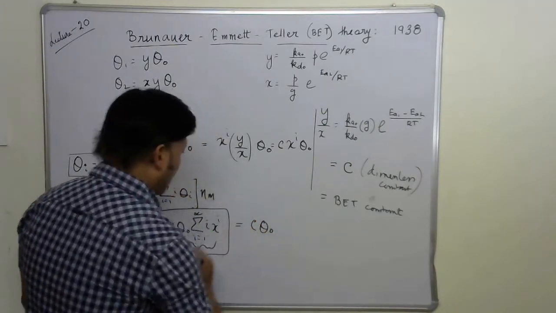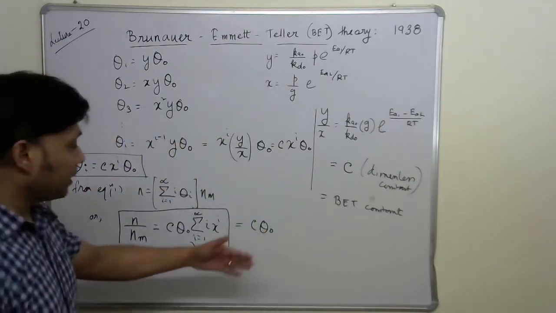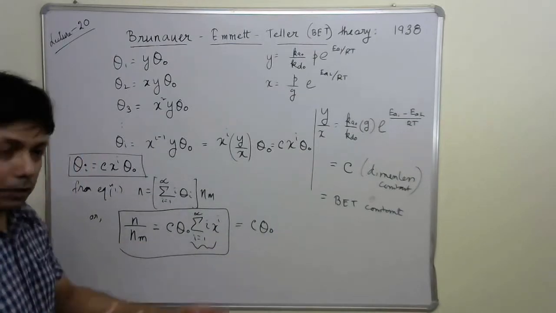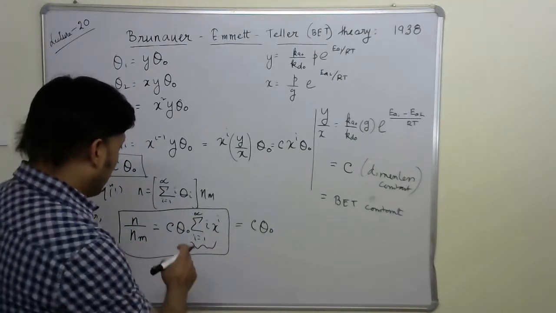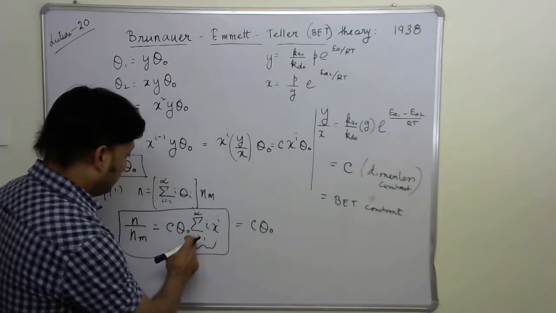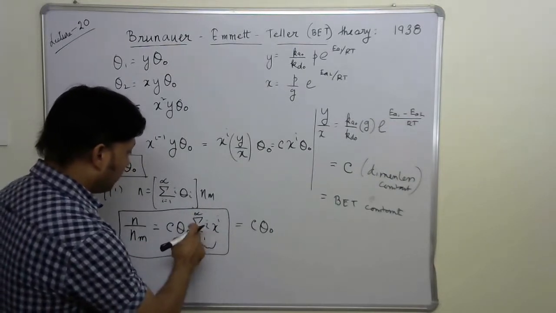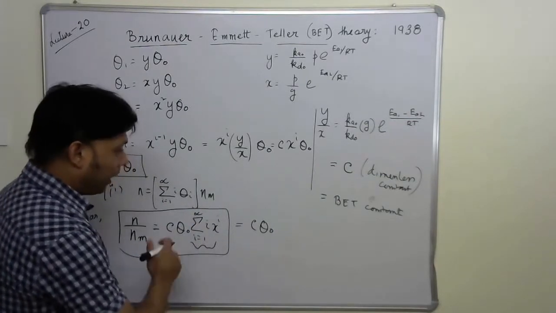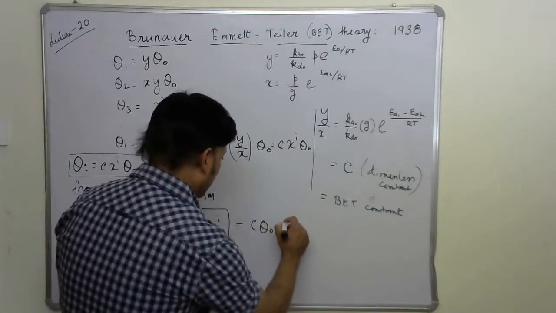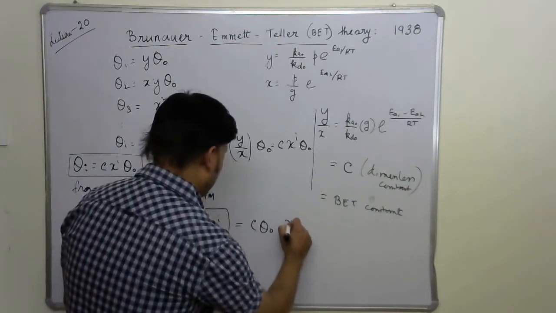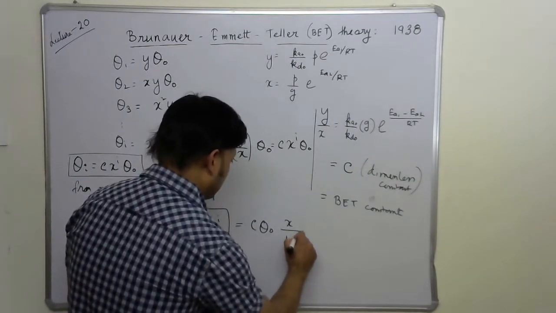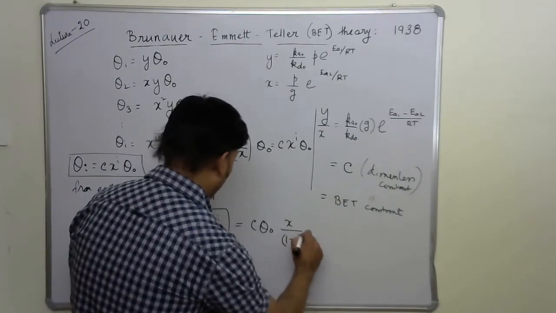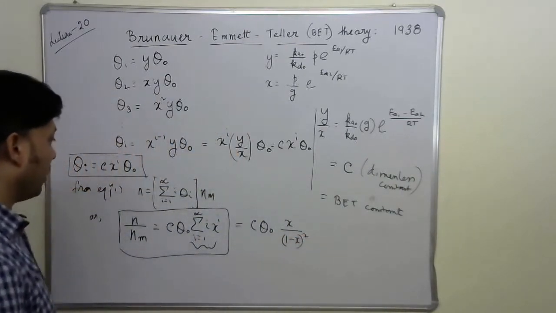I am compelled to write the direct expression; of course, you can verify it from another source. The summation of I x to the power I from I equal to 1 to infinity converges into x divided by (1 minus x) whole square.